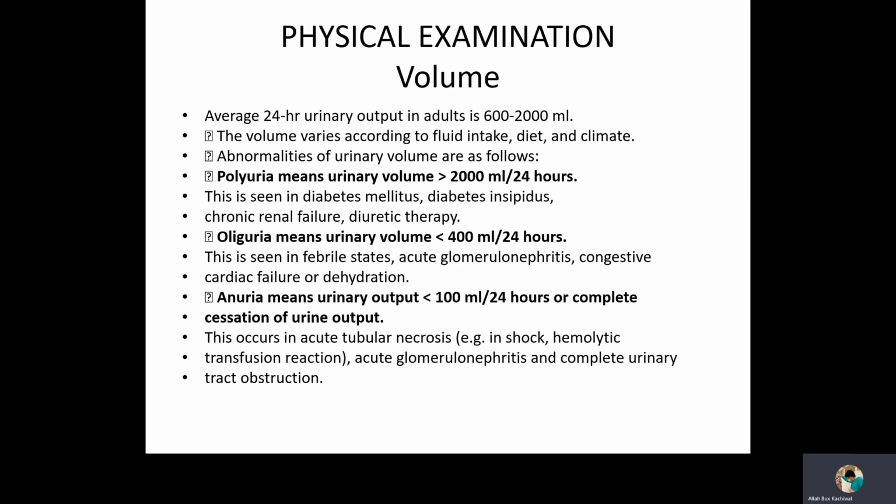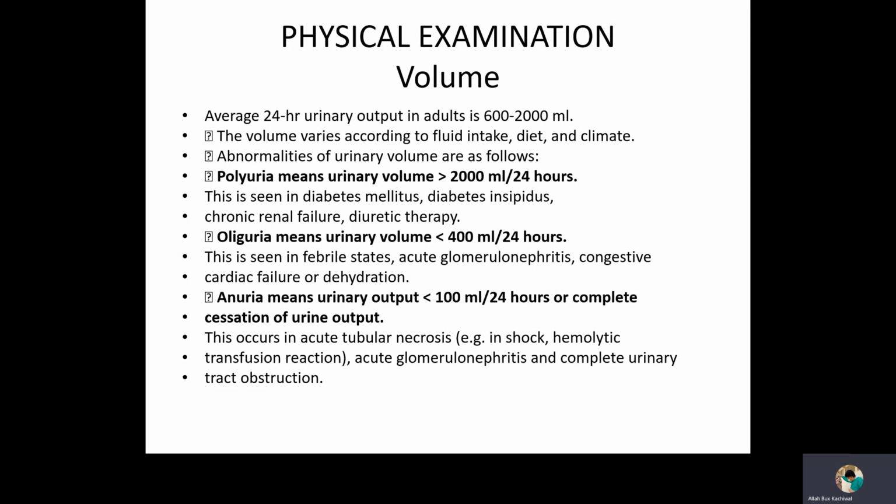The volume varies according to fluid intake or water intake, diet, and climate. Abnormalities of urinary volume are as follows. The patient might be suffering from polyuria, meaning a urinary volume of more than 2000 ml in 24 hours. This is seen in diabetes mellitus or diabetes insipidus, chronic renal failure, or diuretic therapy. Oliguria means the urinary volume is less than 400 ml within 24 hours.